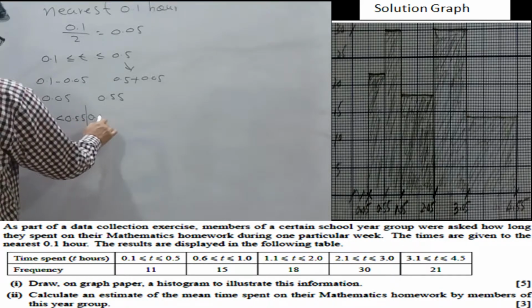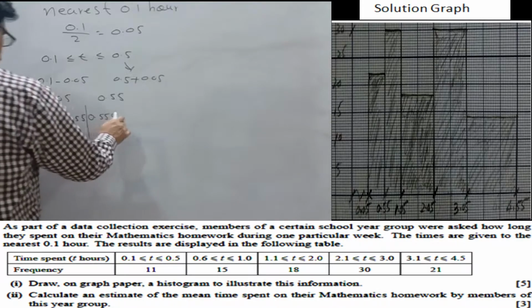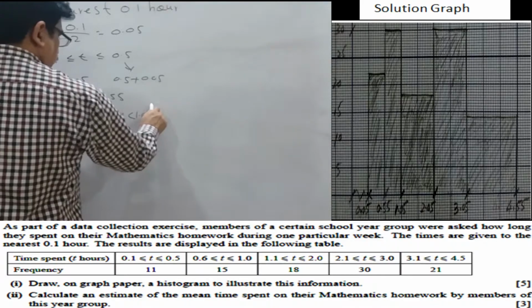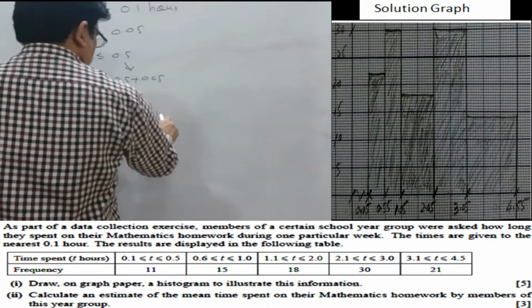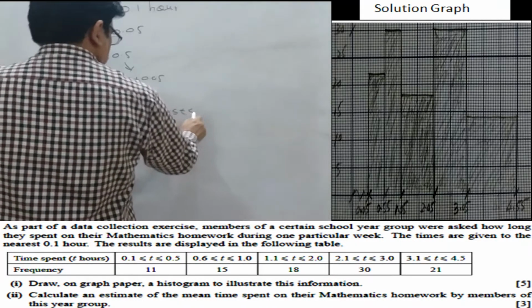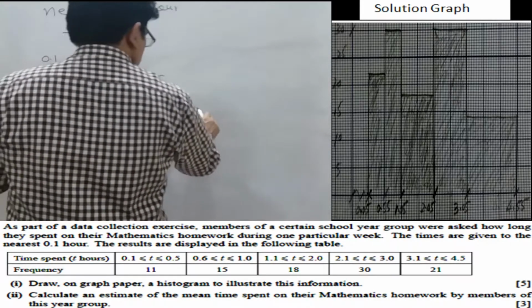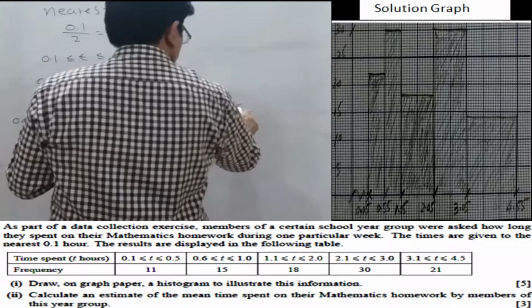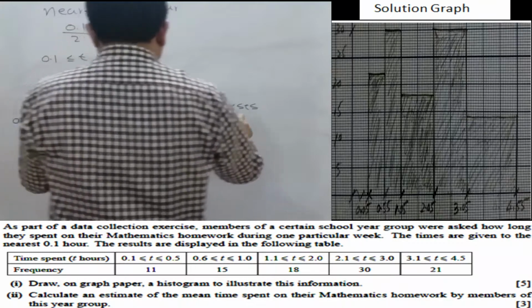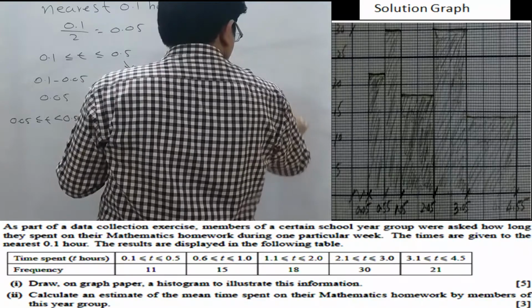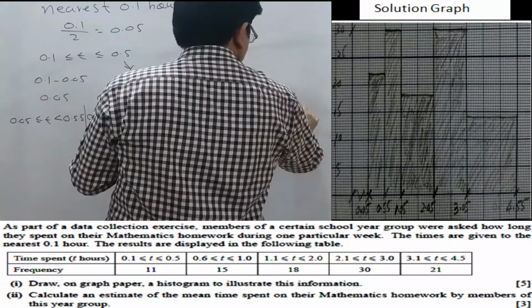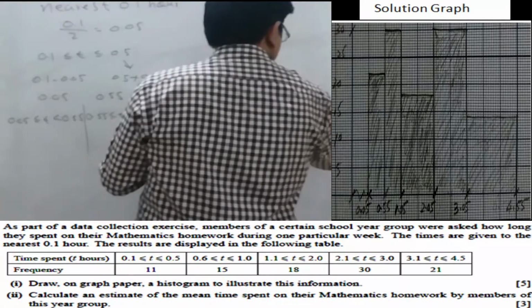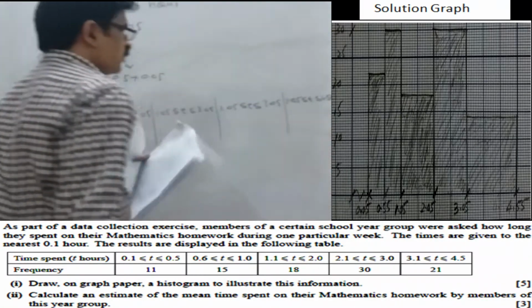Second interval starting from 0.55 less or equal to t less than 1.05. Then 1.05 less or equal to t less or equal to 2.05. Then 2.05 less or equal to t less or equal to 3.05, and last up to 4.55.